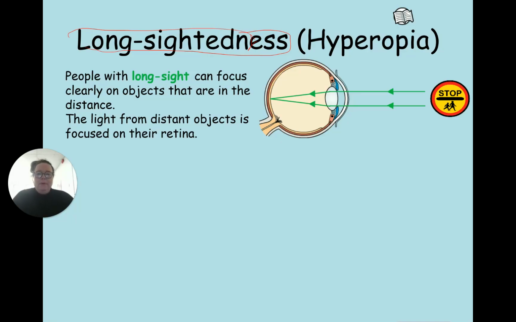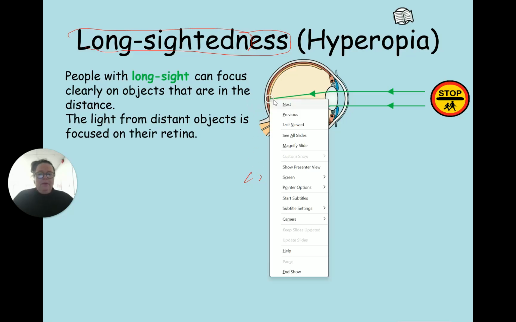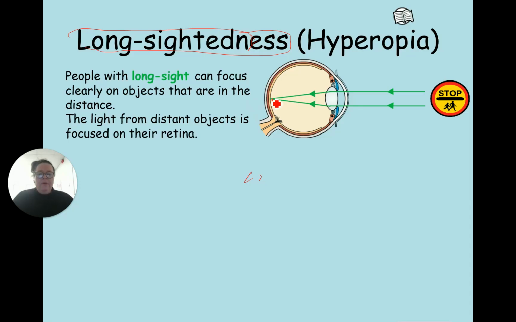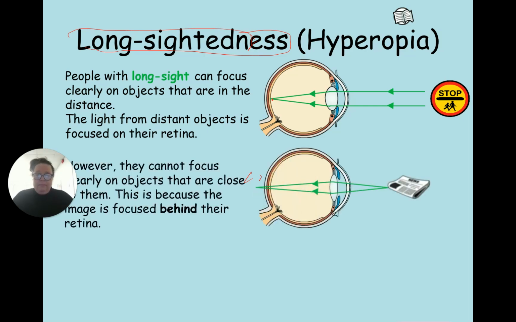So what should happen when we're looking at something a long way away, as our diagram shows here? When I look at something a long way away, it focuses on the retina, it's fine. But if I look at something close up, what happens is it focuses here behind the retina.